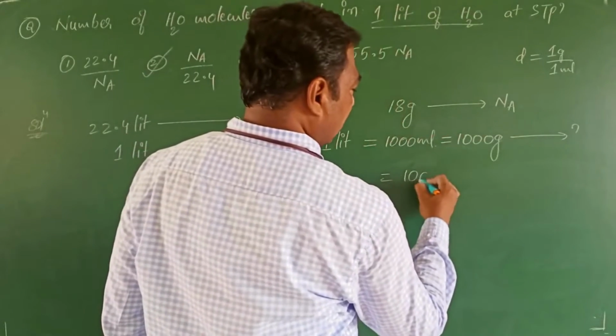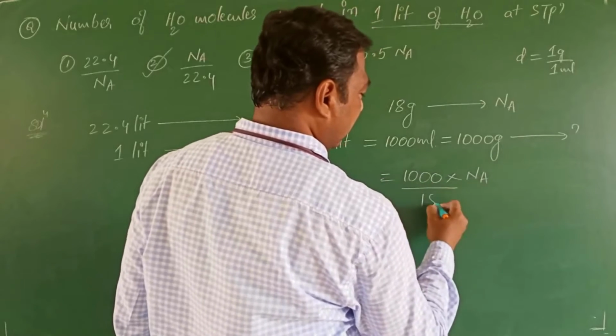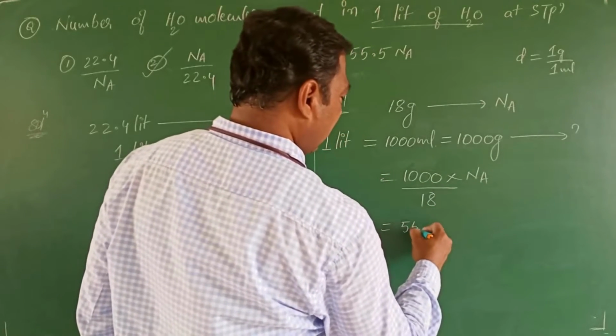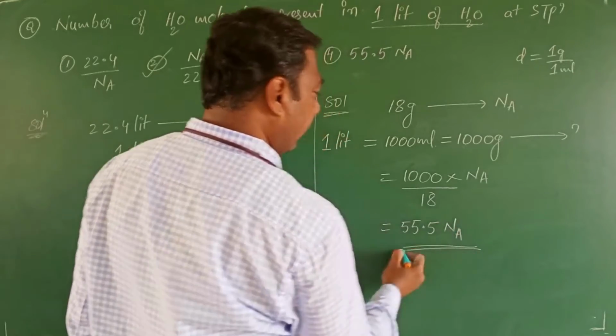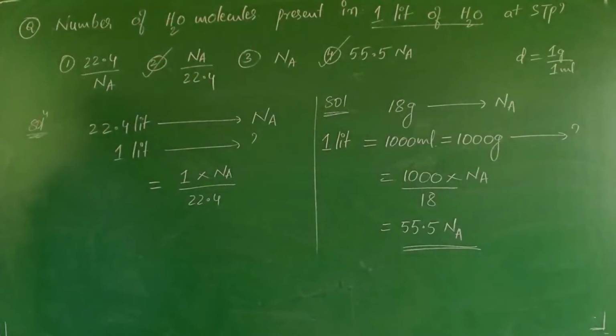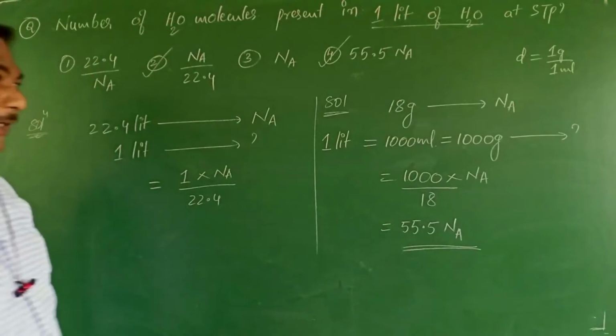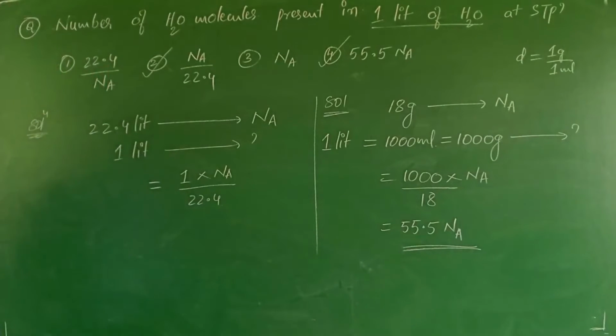Therefore, it is 1000 into Avogadro number by 18, which is nothing but 55.5 into Avogadro number. That means this is our answer. Understood, students? Right. Now, come to the next model question.